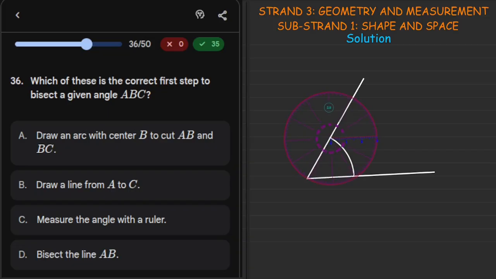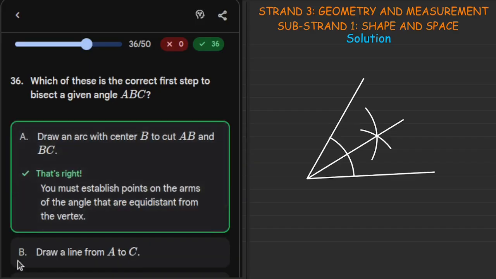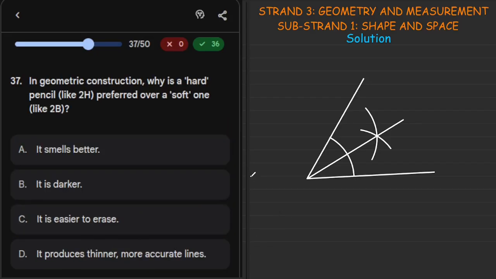This point, first of all, draw one arc, and then I'll stand at this other point and also draw another arc. After which, we can then draw a straight line from the vertex of the angle through the points of intersection. So we draw an arc with center B to cut what? AB and then BC.